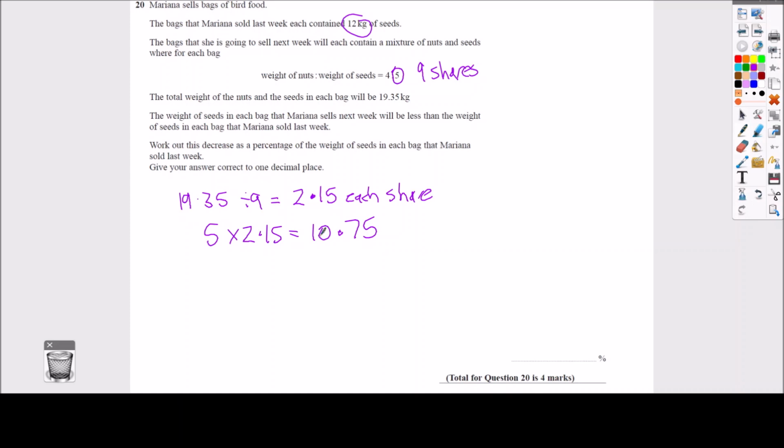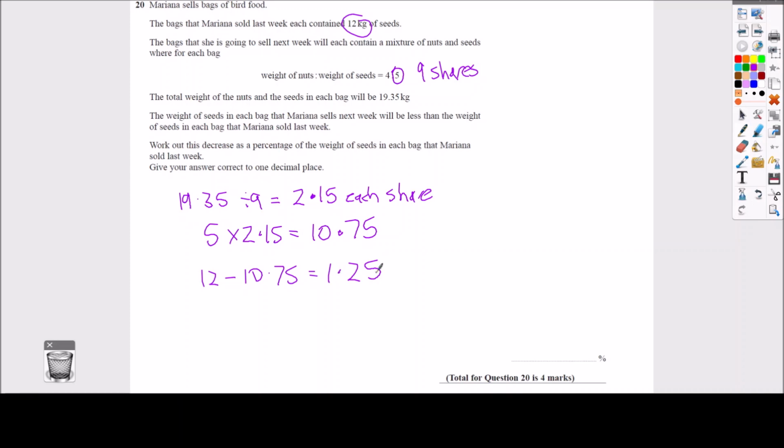Next week we're going to use 10.75. So what's the decrease? The amount that it's gone down is 12 take away 10.75. So the decrease is 1.25 kilograms. So that's the actual amount that it's gone down, but what is the percentage decrease compared to last week?